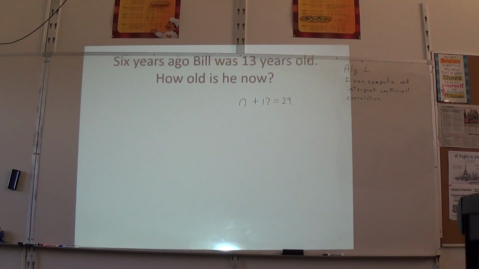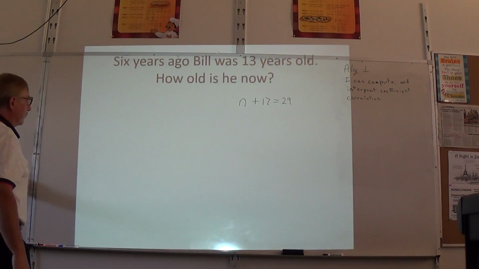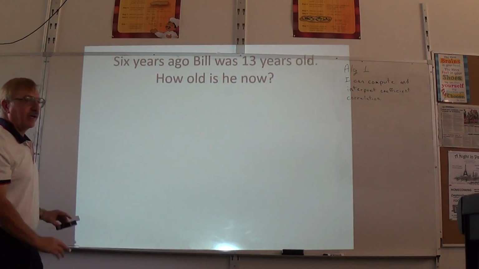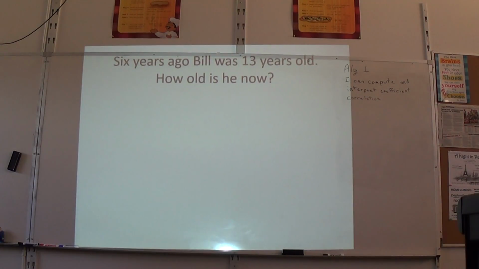Try another one. 6 years ago, Bill was 13 years old. How old is he now? 6 years. What's the equation for that? And then the answer. Write it down on your paper. What's the equation?